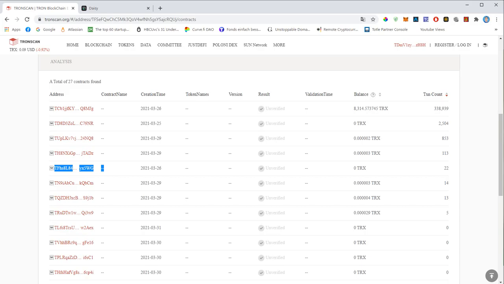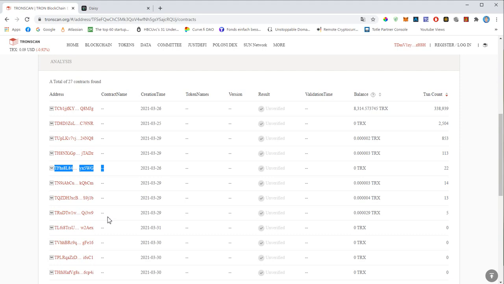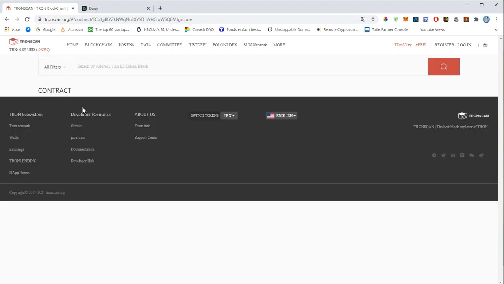And then there is a smart contract for the gold pace setter information, and there's also a smart contract for the leadership pace setter information. And there's also a smart contract for the metrics bonuses. So what we want to do is first go to the proxy for transactions.